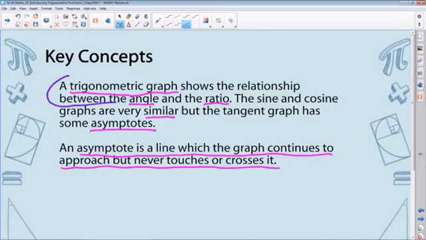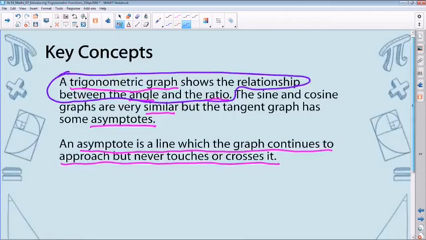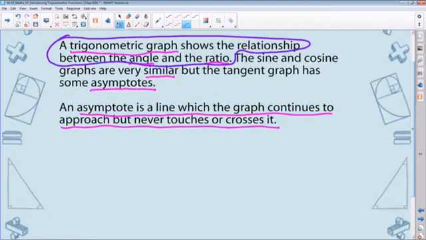A trigonometric graph shows the relationship between the angle and the ratio. And let's talk about that a little bit. Here is a triangle. Now on this triangle, we've got various values.